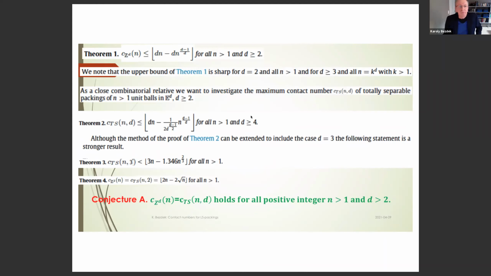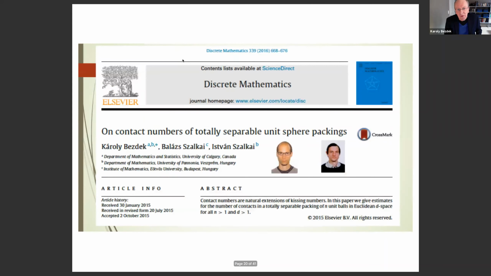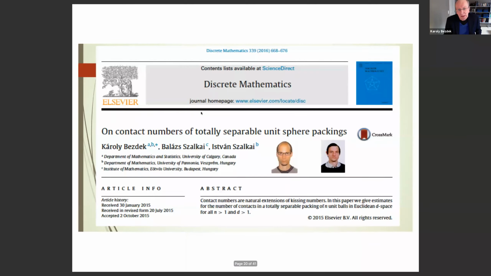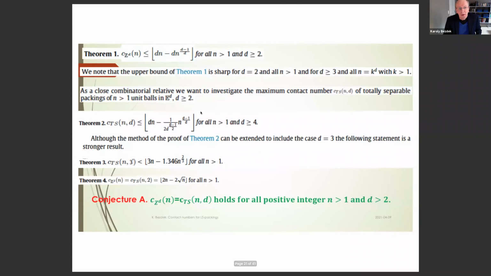First, I return to this lattice setup, because the result we just discussed on the previous slide was 3-dimensional. Now I increase the dimension and take a d-dimensional cubic lattice.